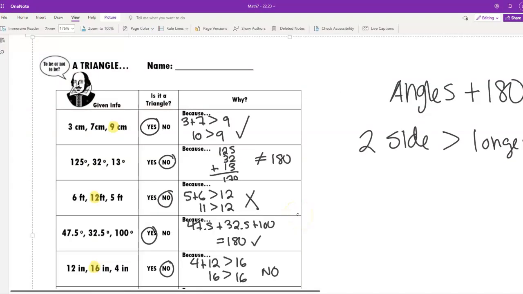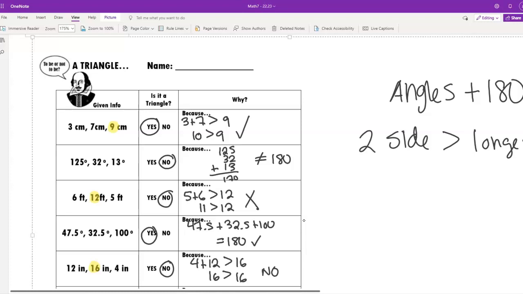All right, let's check. So for the first one, they gave me side lengths, so I used the triangle inequality theorem, and it worked out. Remember, when you're given side lengths, to always highlight or circle the largest side and add the other 2. In the second example, they gave me angle measures. When I added them up, they added up to 170, and that is not equal to 180, so therefore it's not a triangle. We can't make it out of those angle measures.